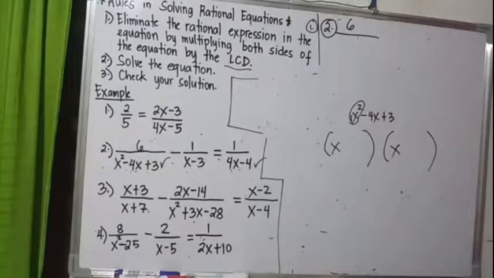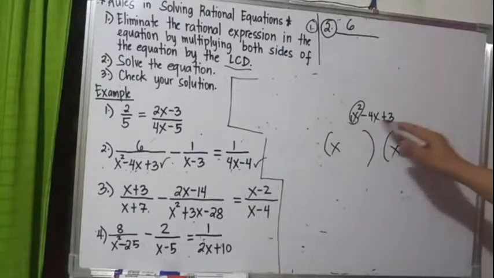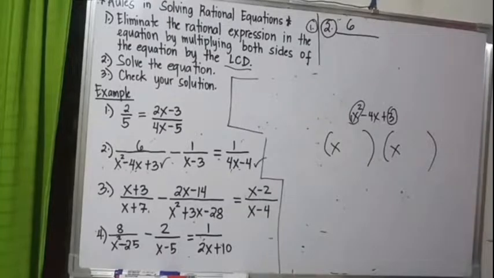Ang dalawang number ang hanapin natin. So based on this given equation or this is quadratic equation, so mag-base tayo sa last term, that is positive 3. Okay, so what are the two numbers that if you multiply, the result is positive 3, and if you add the two numbers, dapat ang result is negative 4.